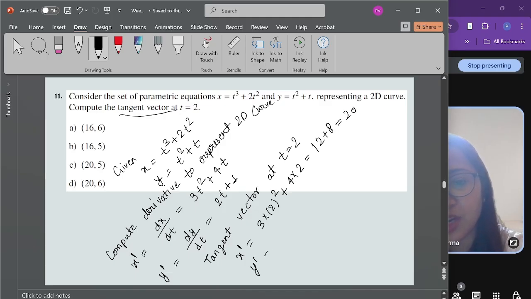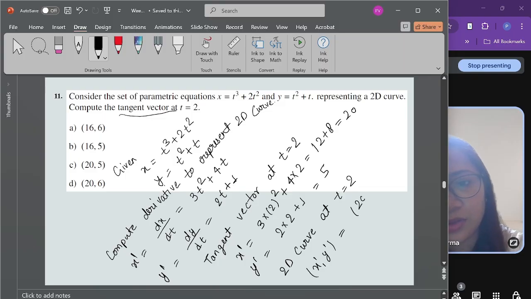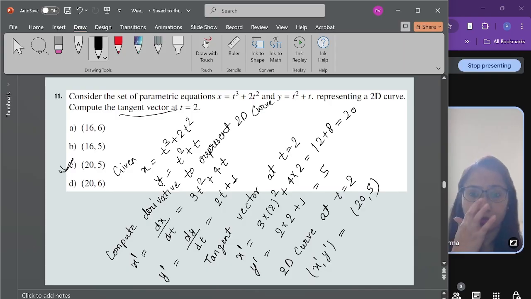For y dash, 2 into 2 plus 1, so here you will get 5. So the tangent vector of the 2D curve at t is equal to 2, represented by x dash, y dash, is 20, comma 5. Okay, so that makes C the correct answer for this question.